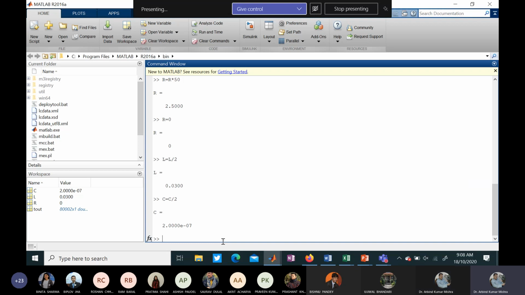I make L equal to L times 4, because I have already done half, and C equal to C times 4.